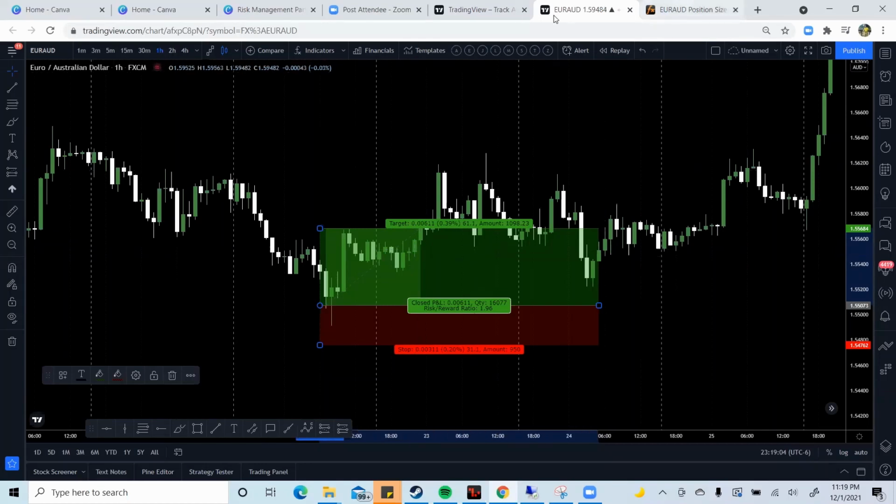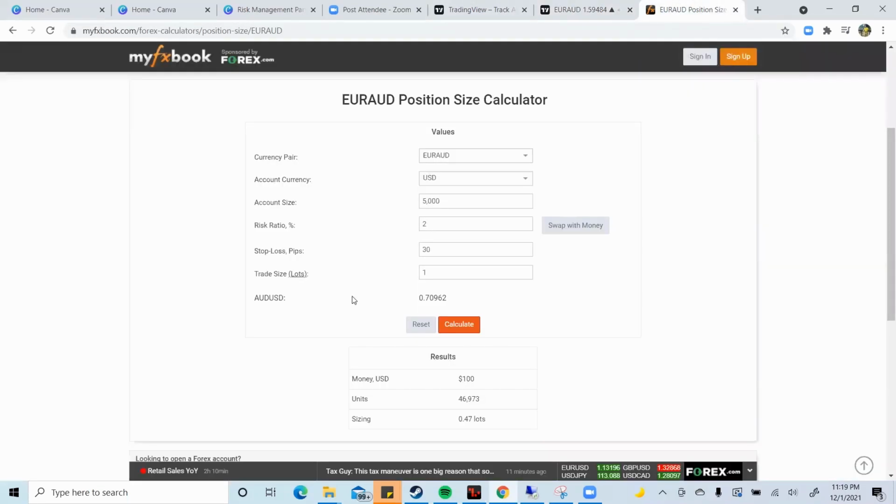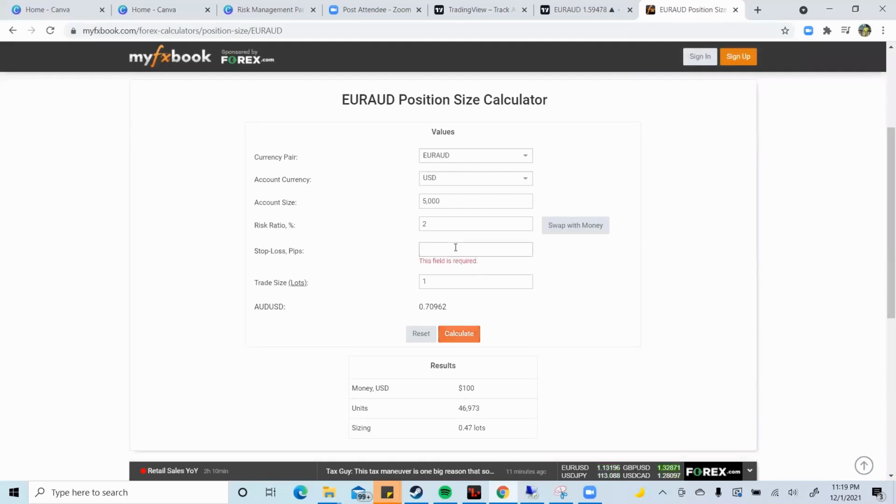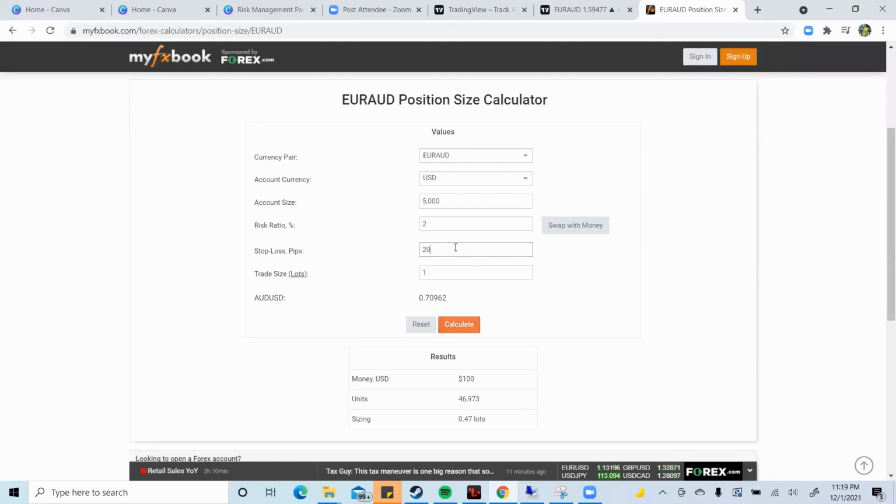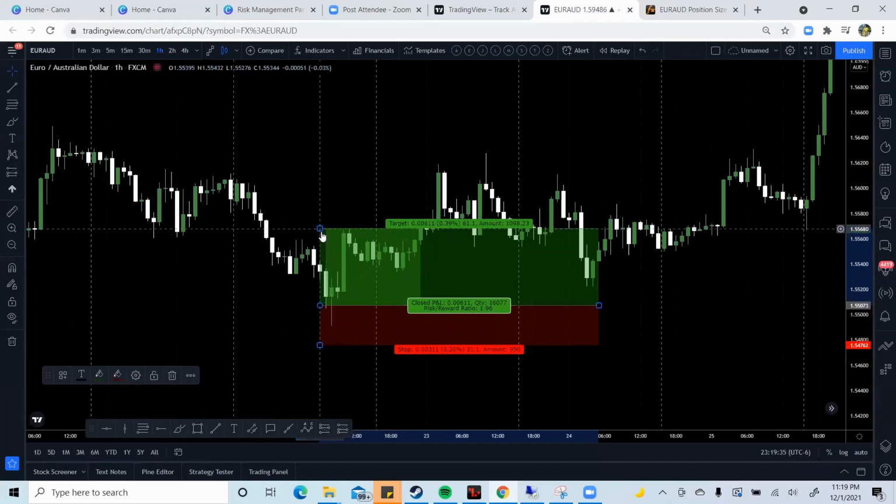If you're able to adequately put a 20 pip stop loss, not just because it's a smaller stop loss, but there's trading reasons behind you deciding that that's an adequate stop loss, watch what happens. Now it's at 0.7 for 20 pips. So if you're at 0.7 lot size for a 20 pip stop loss and it's still $100 risk, look at what can happen.